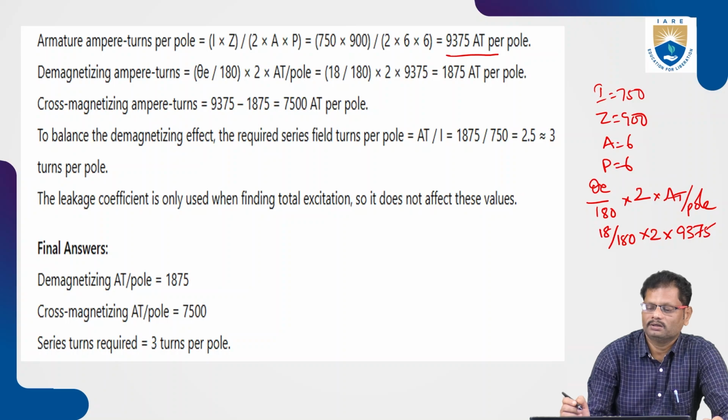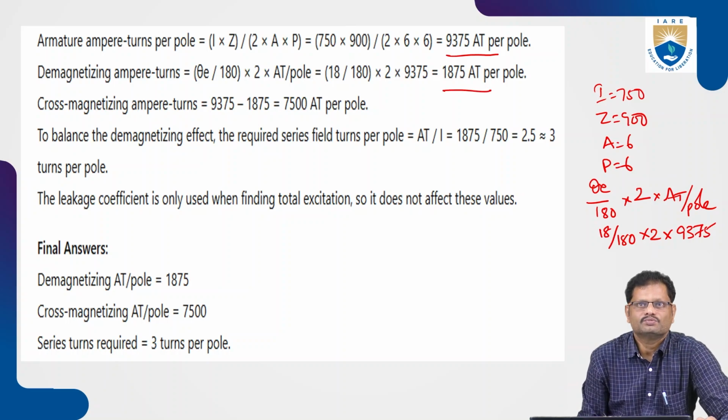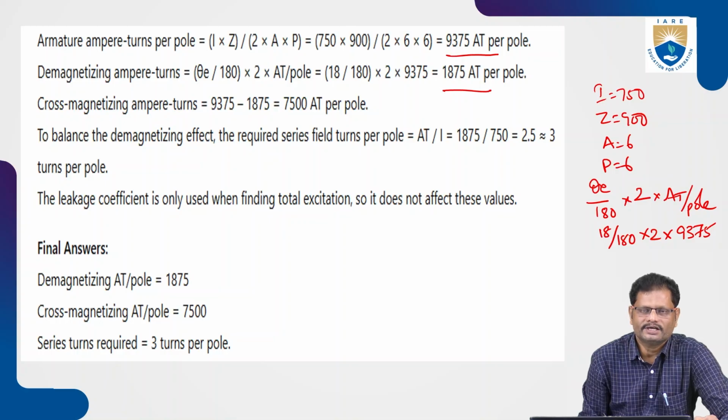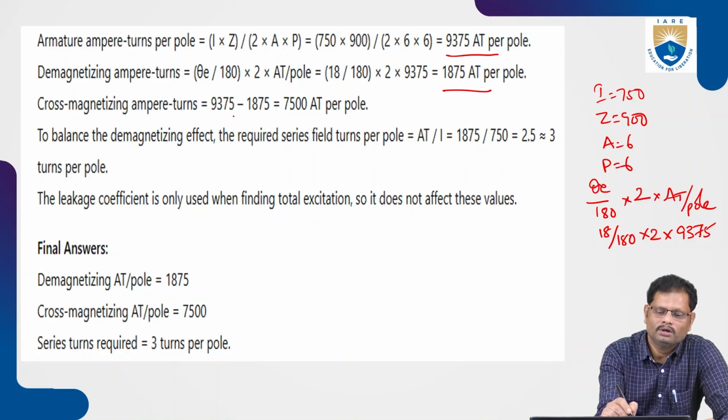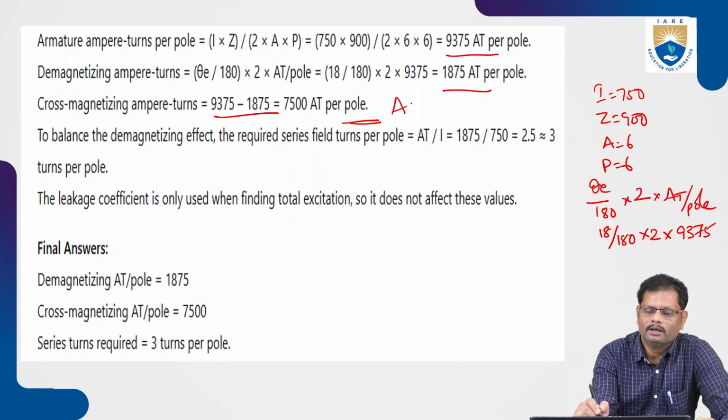So this will give 1875 ampere turns per pole. So after deducting this demagnetizing ampere turns 1875 from 9375, we'll get 7500 ampere turns per pole. So these are nothing but cross magnetizing ampere turns per pole, ATC per pole.